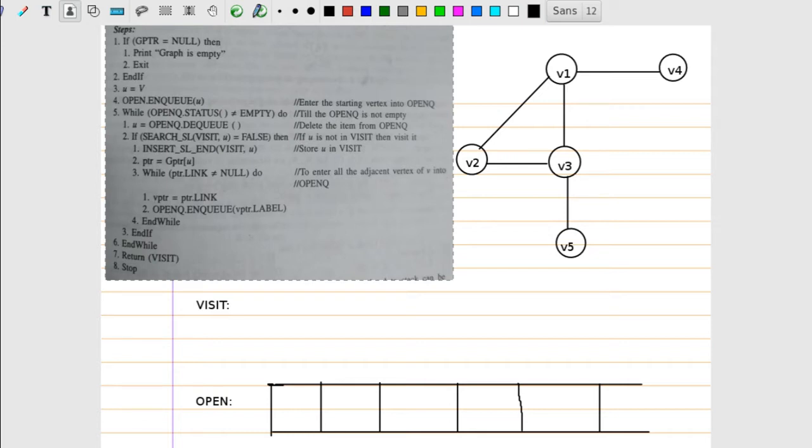FIFO stands for first in, first out. We will discuss the algorithm with the help of the following example. We have a graph here and the starting vertex is V1. Like what we saw in depth first search, we will move the first vertex to the queue.